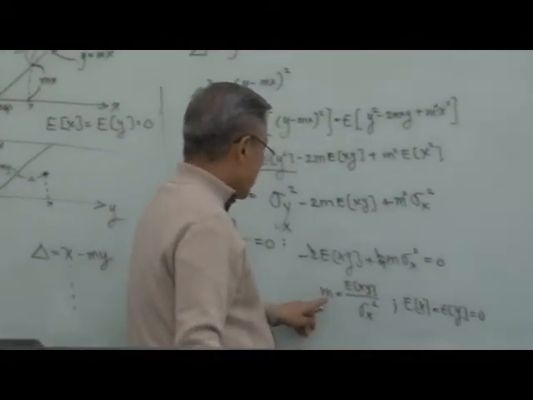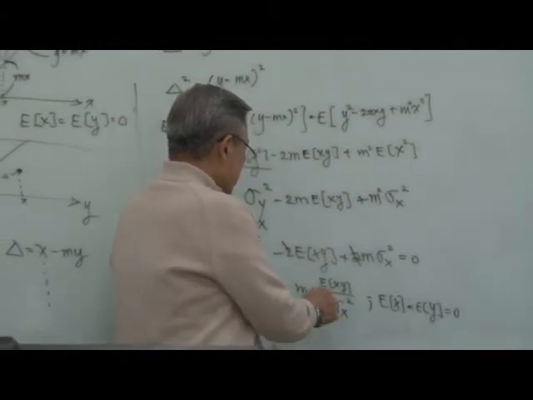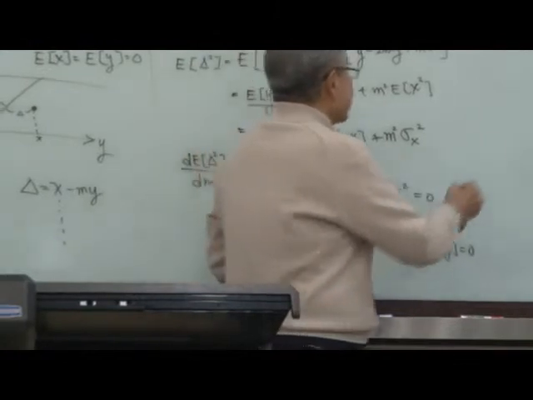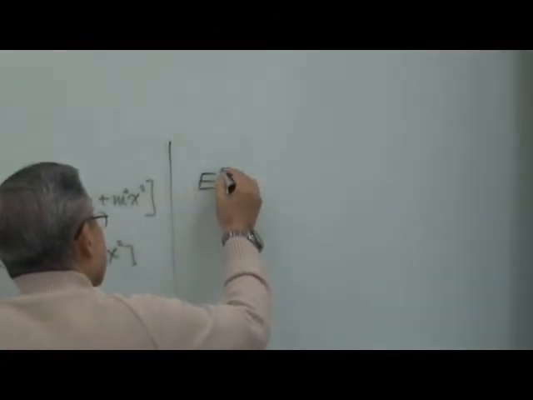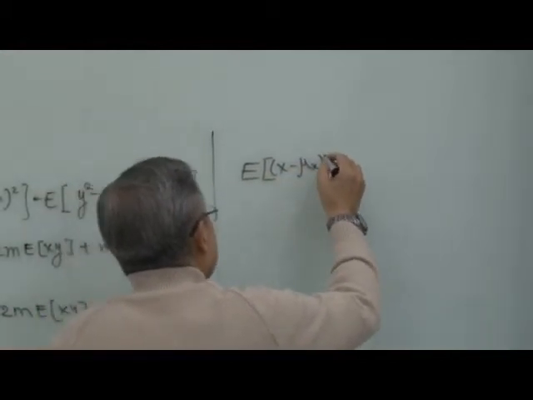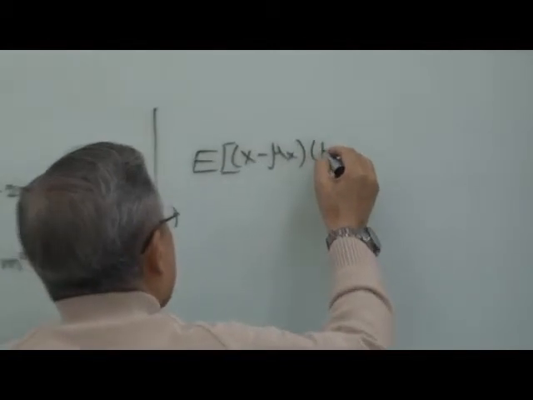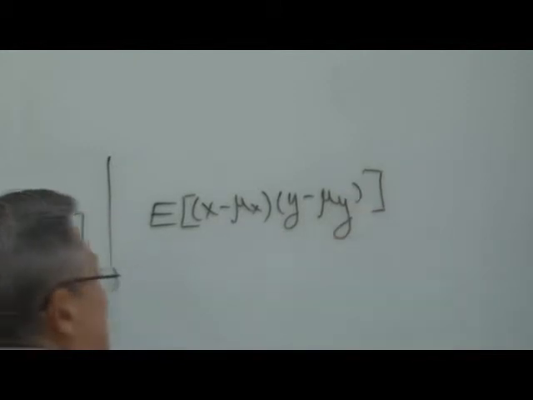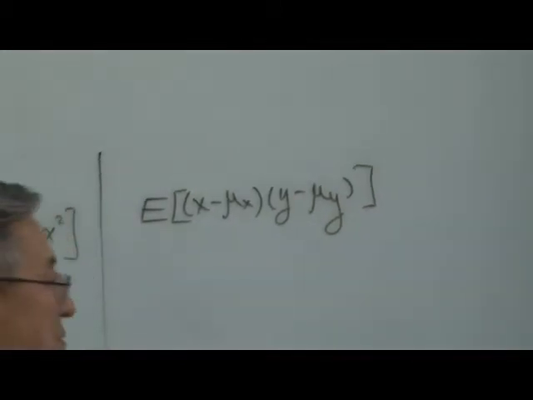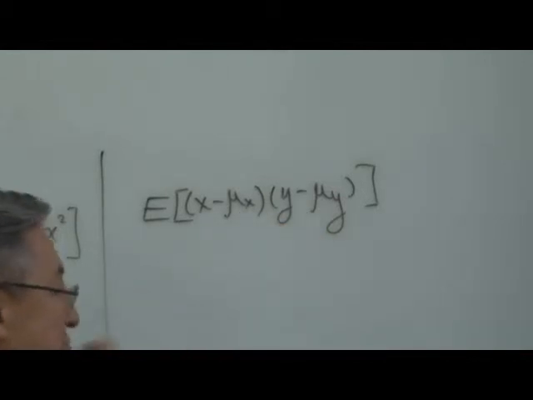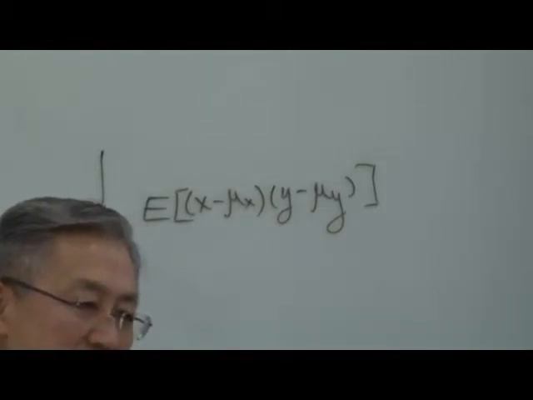So here, this guy, anybody remember this guy? What do you call E[(x - mu x)(y - mu y)]? What did you call this? So here, the mu x and mu y in this problem set happen to be 0.